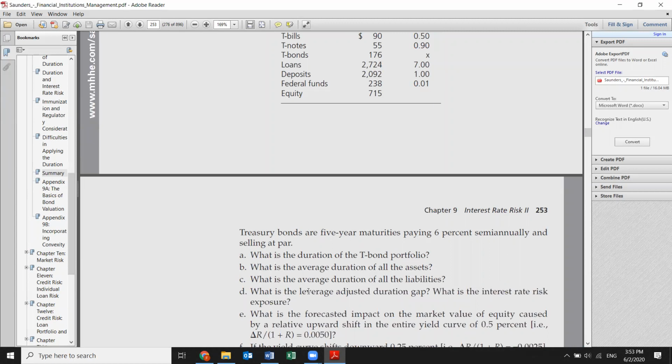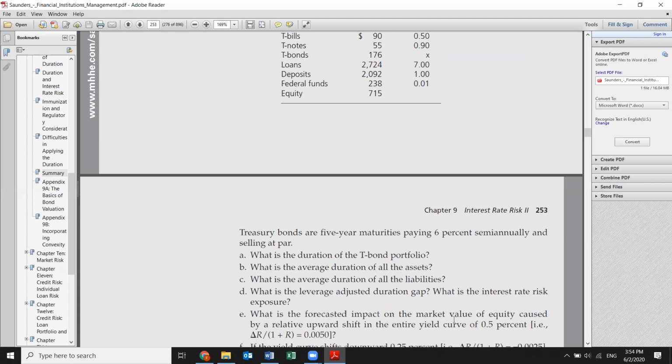What is the interest rate risk exposure? Okay, now we got here positive adjusted leverage duration gap. So what is the interest rate risk exposure we should expect in here? Increase or decrease? When it says interest rate risk exposure, it means what the financial institution will face, when the financial institution will have a problem, when it will have a reduction in equity. So what will happen to the interest rate, go up or down?